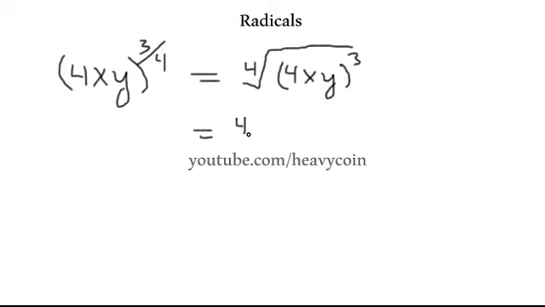Of course, you could rewrite this as 4 roots of 4 cubed is 64, xy, and I'll just leave it like that.